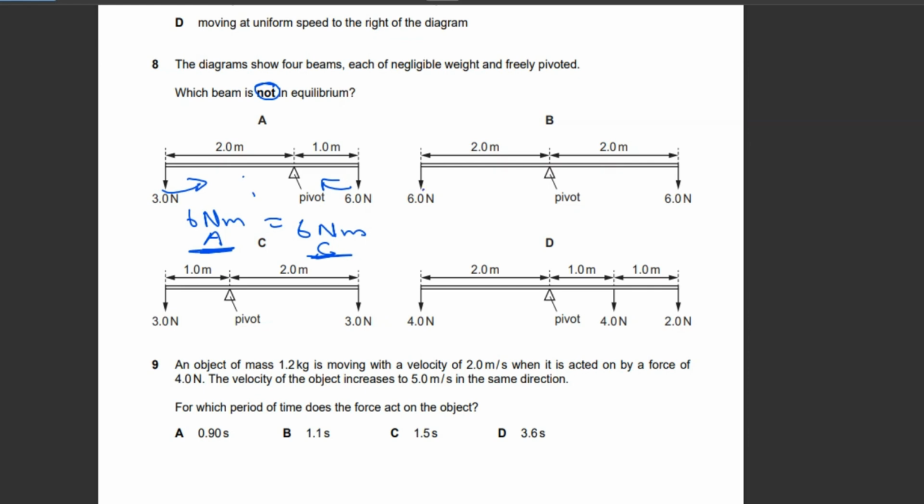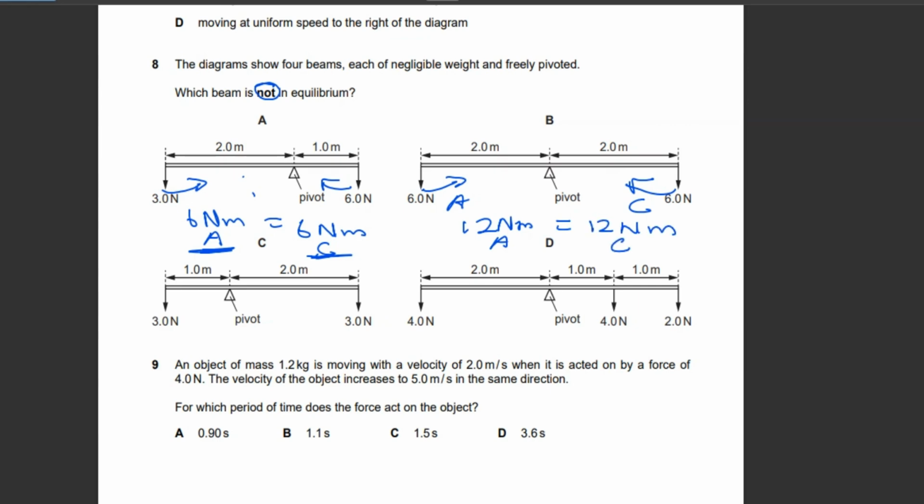Let's check out for this. Turns this way, turns this way. So of course, in fact, same force, same distance. Then one is anti-clockwise and the other is clockwise. So this is 12 Newton meter anti-clockwise, and this is 12 Newton meter clockwise.